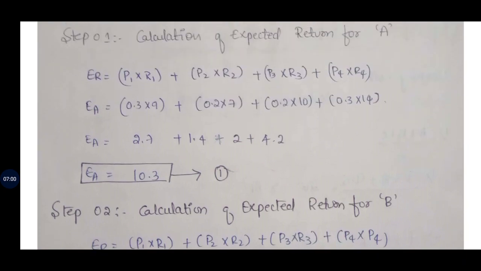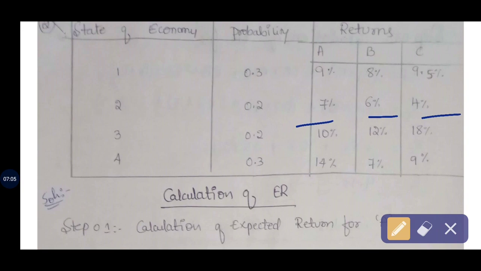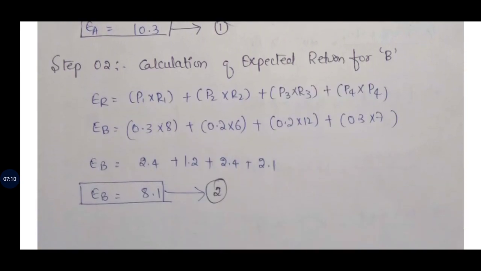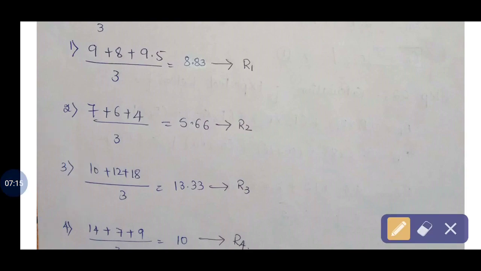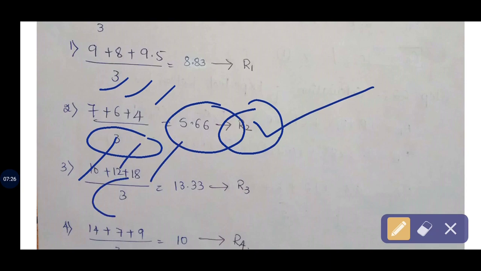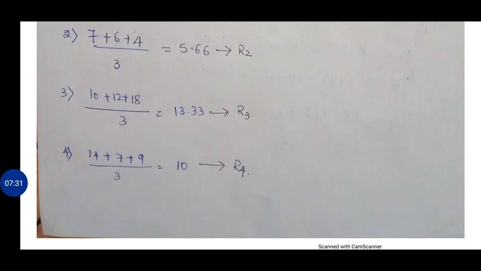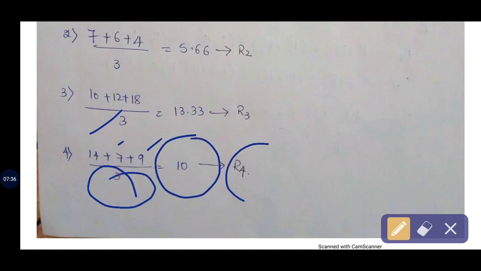Next, we have to add all the three returns and divide by 3. So 7, 6, 4 divided by 3 is 5.66, that is R2. 10, 12, 18 divided by 3 is 13.33, this is R3. Next 14, 7, 9 divided by 3 is 10, this is R4.